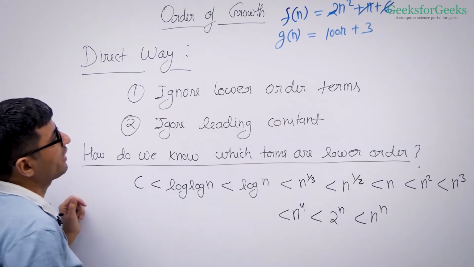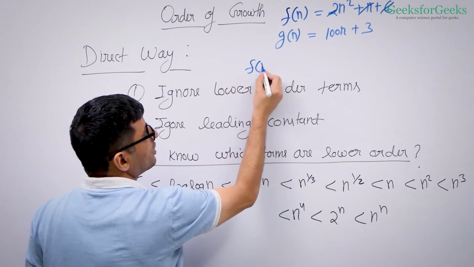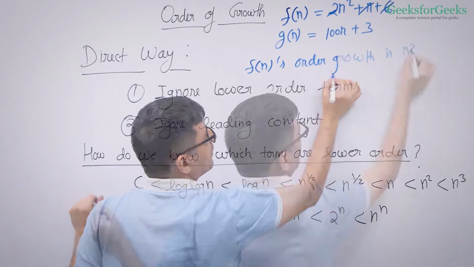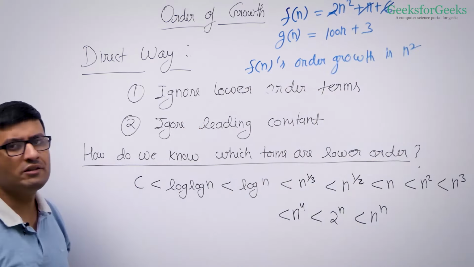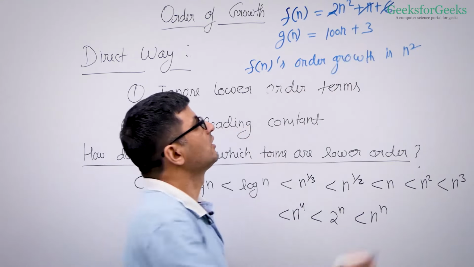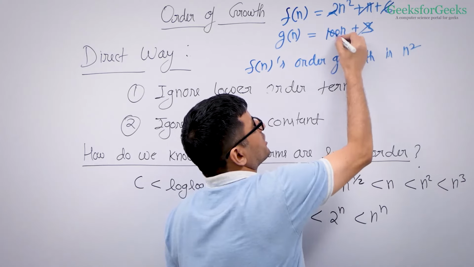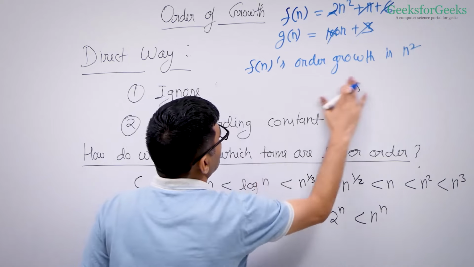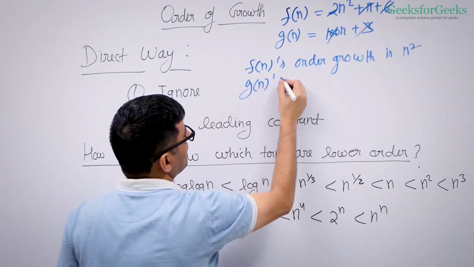So you say that Fn's order of growth is n square. And what about Gn? You can ignore the lower order term, which is a constant. You can ignore the leading constant. And you can say Gn's order of growth is linear.